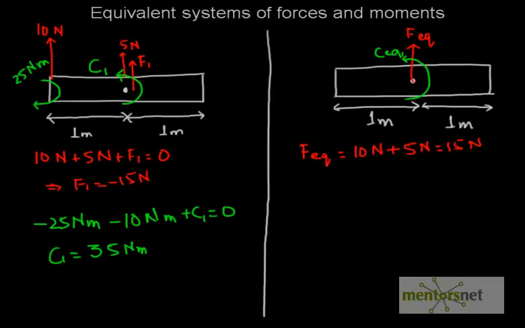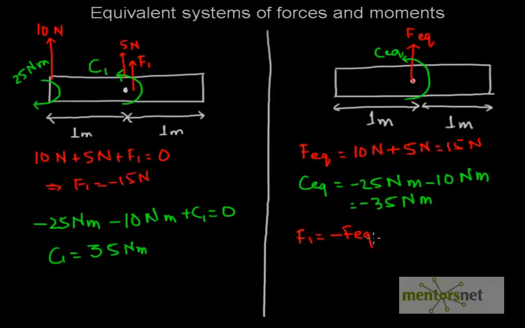And C equivalent is equal to minus 25 Newton meter, and what is the couple because of this force about this point? Minus 10 Newton meter, which gives minus 35 Newton meter. So what do we magically see? What we see is that F1 is equal to minus F equivalent, and C1 is equal to minus C equivalent.